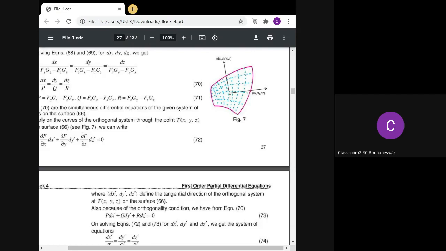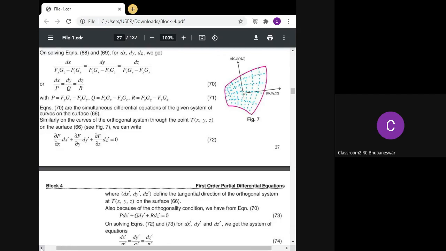And according to that particular tangential direction, we can define the equation, and that, from equation number 17, can now be modified in the form of p into dx dash plus q into dy dash plus r into dz dash.